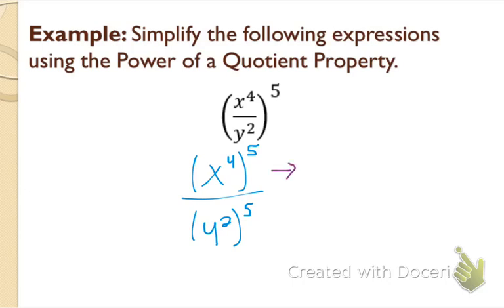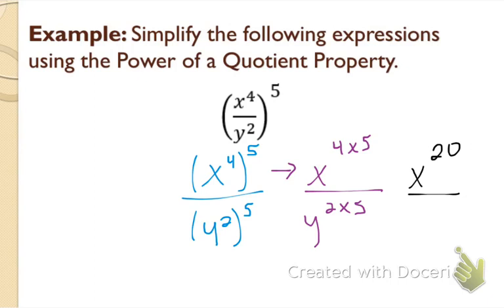This is the power of a power, which told you that you can multiply the exponents. So I'm going to do it to my numerator and to my denominator. And then I can simplify. So now I have x to the 4 times 5, which is x to the 20th, divided by y to the 2 times 5, which is y to the 10th.